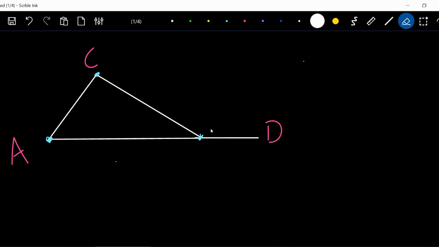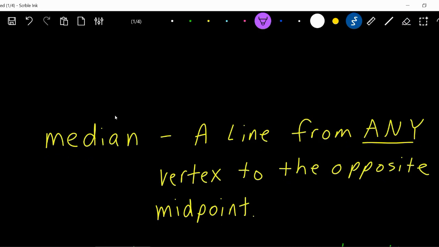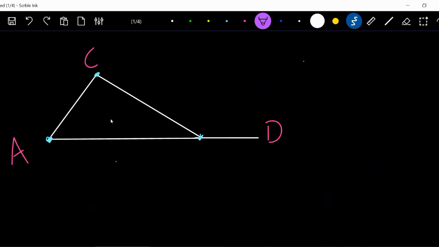So if we go down here, the median, we need to know this vocabulary word. The median is a line from any vertex to the opposite midpoint. So if I make a midpoint here on AB, I'm just going to pretend that's the midpoint right there.